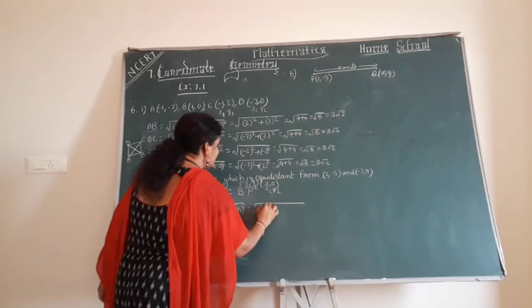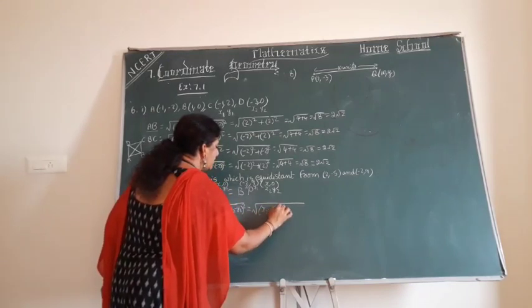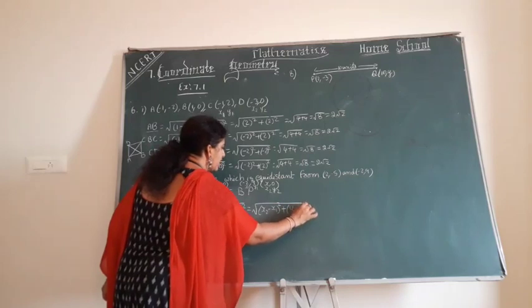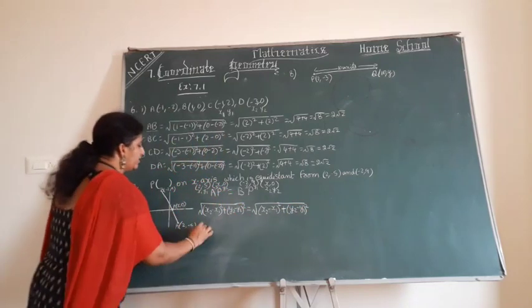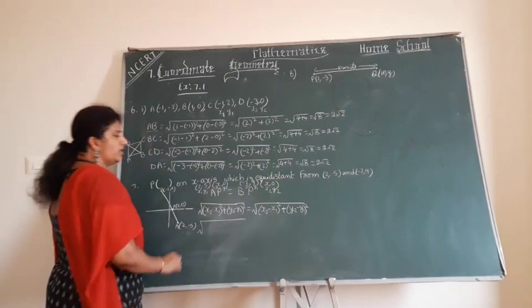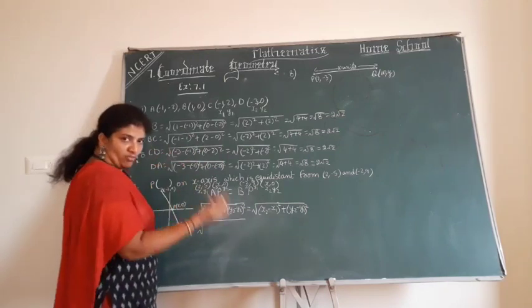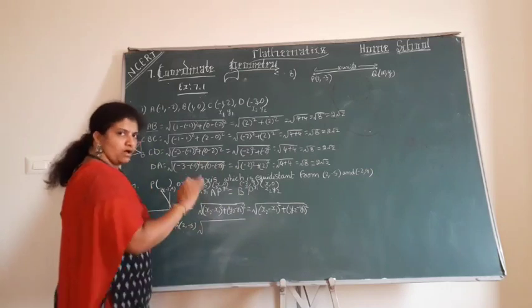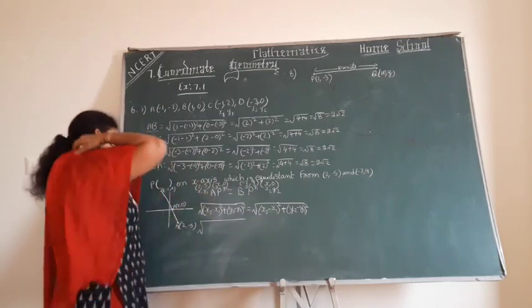Similarly, the same for the other. If you want, you can write it in the formula itself. Squaring on both sides, the whole square and square root cancel. Or in the third step, you can do this.